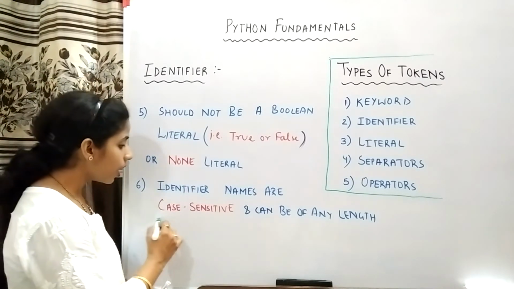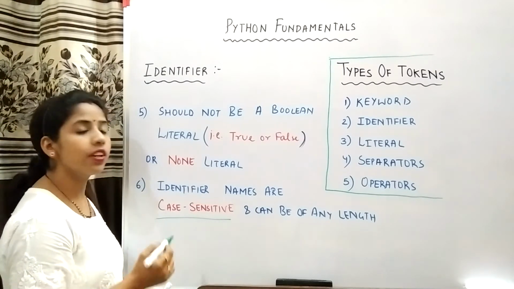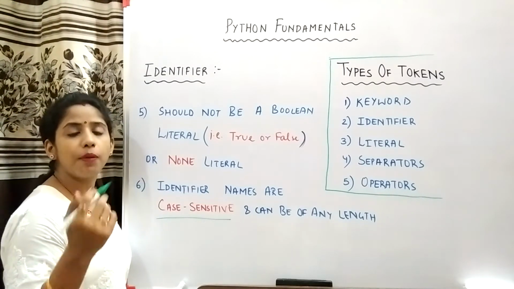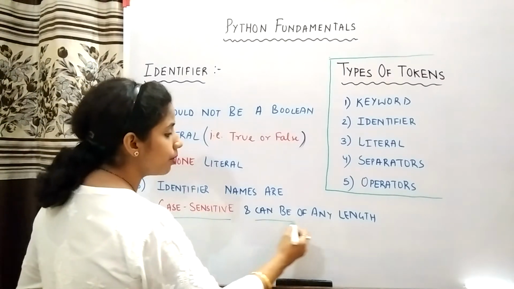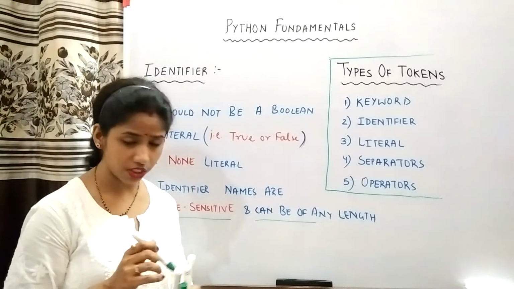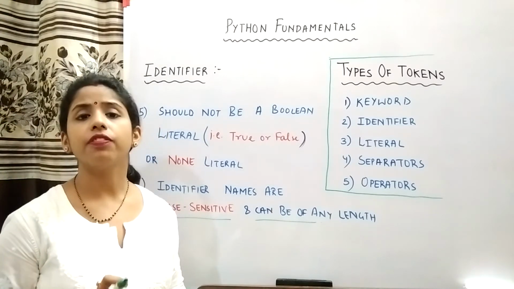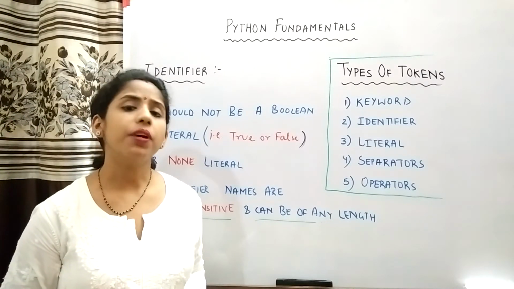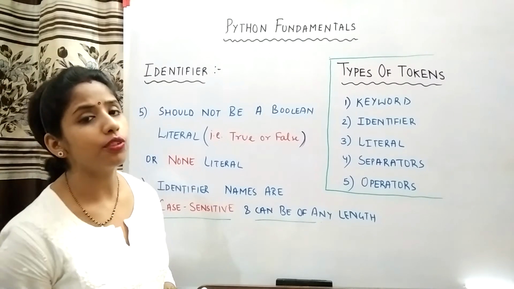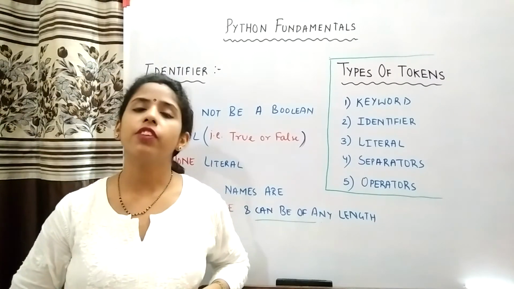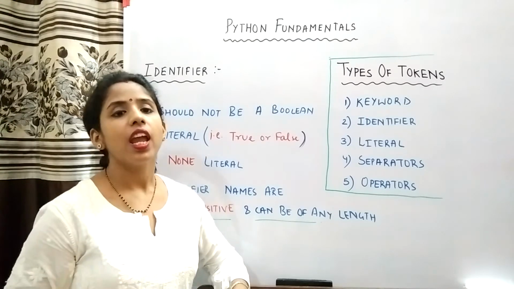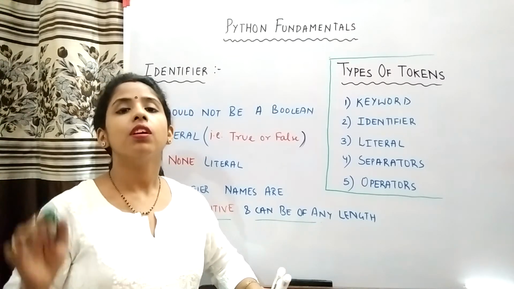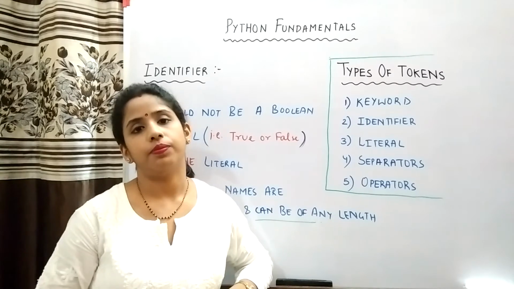So identifier names are case sensitive, that is they treat uppercase and lowercase letters separately, and they can be of any length. Means there is no restriction on the length of the identifier name, but yes, it will always be better if you keep it small, because then it will be easy for you to use every time, and it will also keep your program concise.